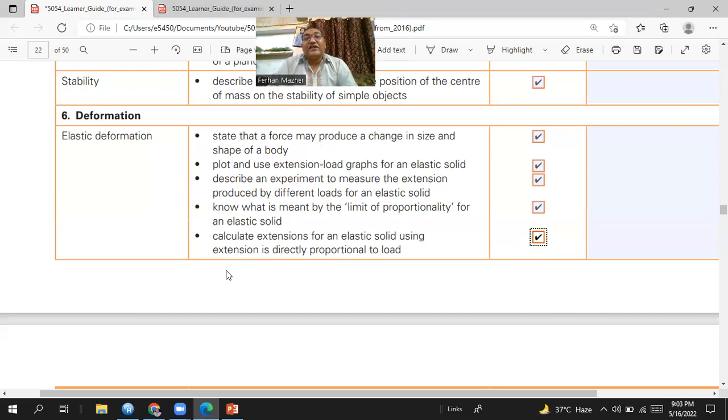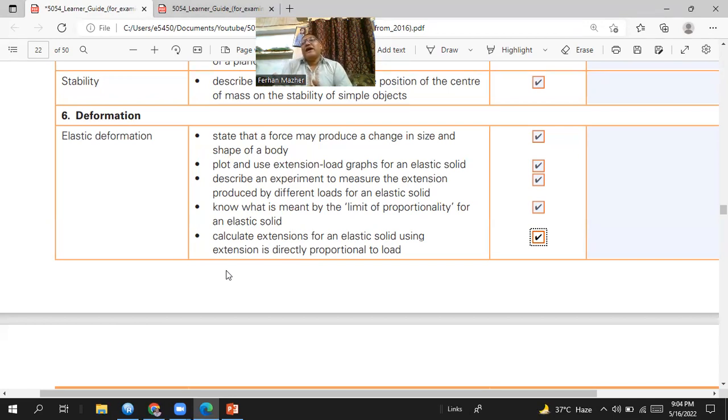Now, if you take 2 identical springs and hang them parallel to each other, and hang that load with them, the load will be distributed. Each spring will experience half the load. The extension produced in each spring will be only 2 centimeters, because the load experienced by each spring will be half.